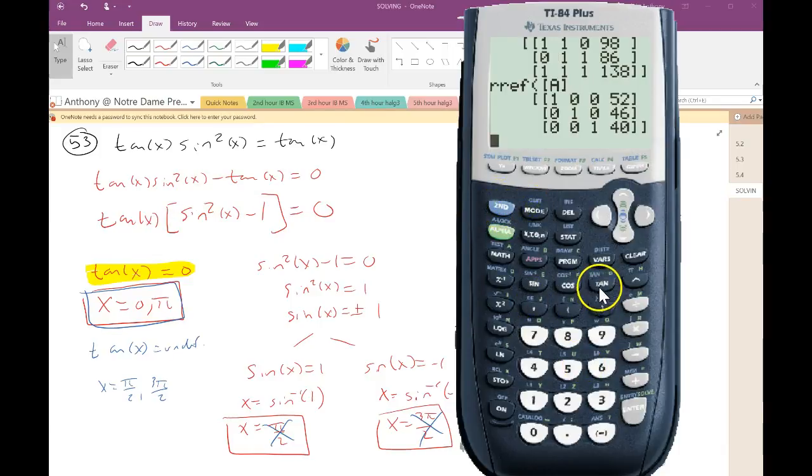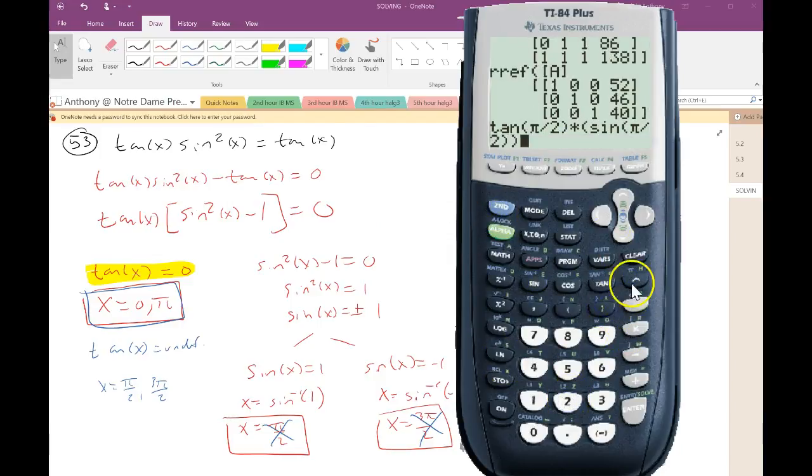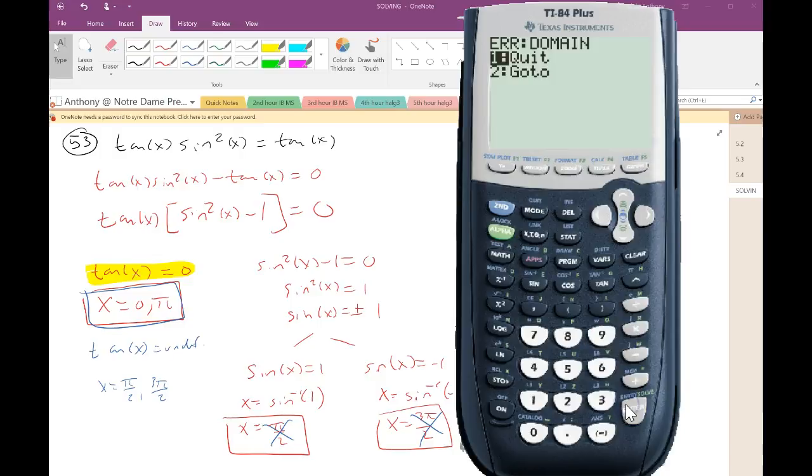So I do tangent pi over 2 times sine pi over 2 squared minus tangent pi over 2. Now, if this is a solution, this should give me 0, right? Let's see what happens when I press enter.